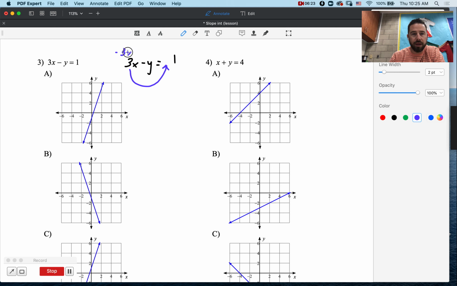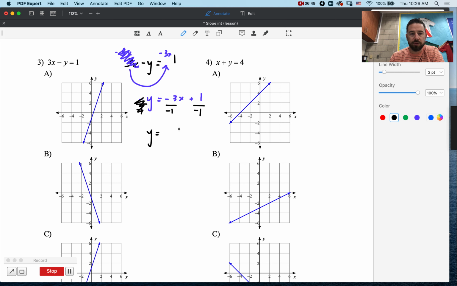So I'm going to subtract 3x, and he's gone. So it looks like I have -y equals, and we put our x first, -3x, and we have plus 1. Okay, we don't want a negative y, we want a positive y. So we're going to divide by -1, divide by -1, divide by -1.